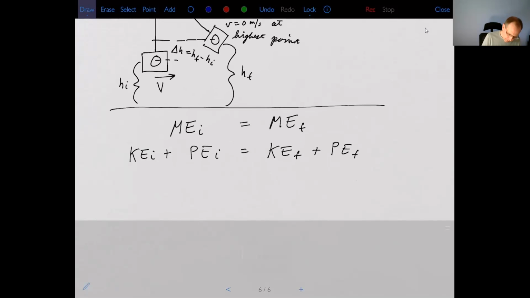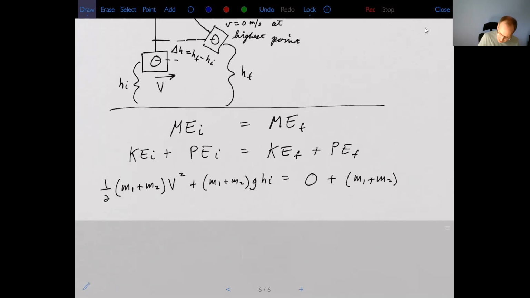Well, it's 1/2 times the mass, but they're moving together, so I can add these together, times capital V squared, plus the initial potential energy, which is the total mass times g times h initial. And that's got to equal kinetic energy final, which is 0, plus potential energy final, which is m1 plus m2 times g times h final.